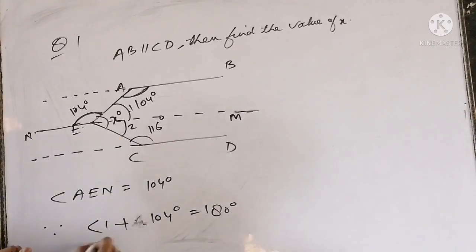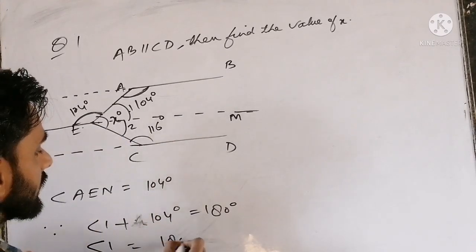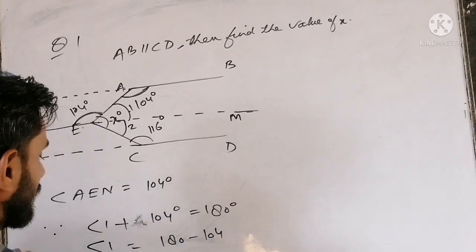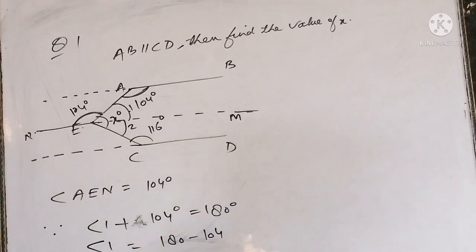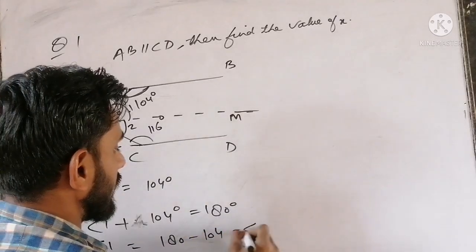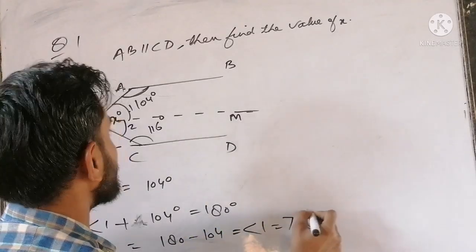So angle 1 is equal to 180 minus 104, which is 76 degrees.